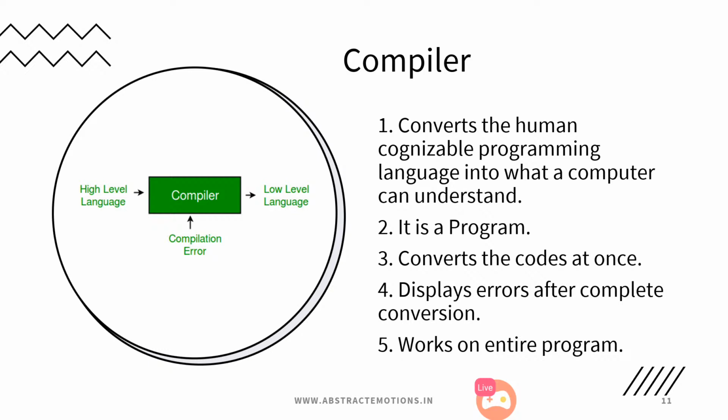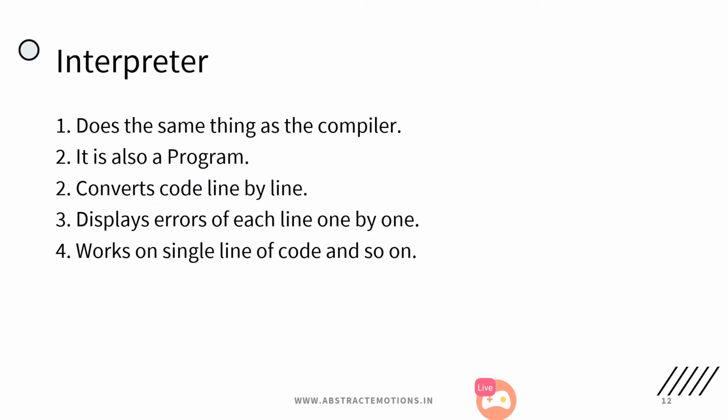The compiler converts all the code at once, unlike an interpreter, displays errors after conversion, and works on the entire program. These are a few features of a compiler. Let's move on to the interpreter.